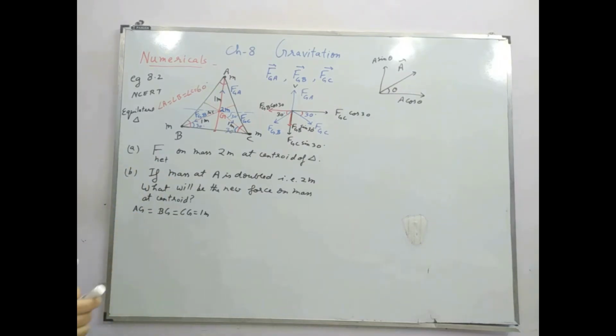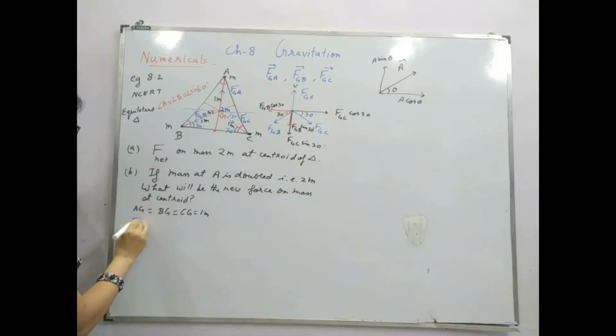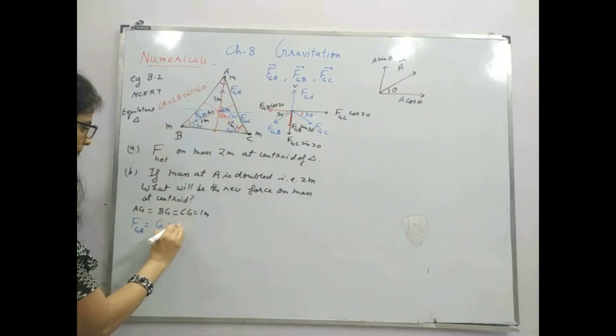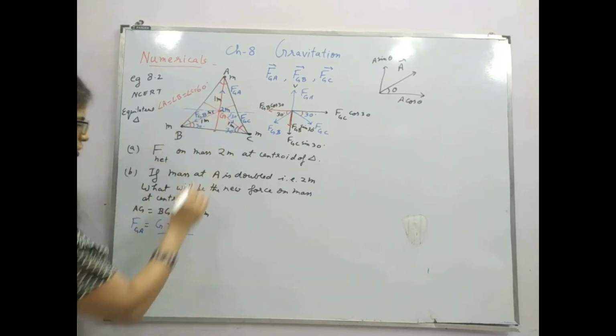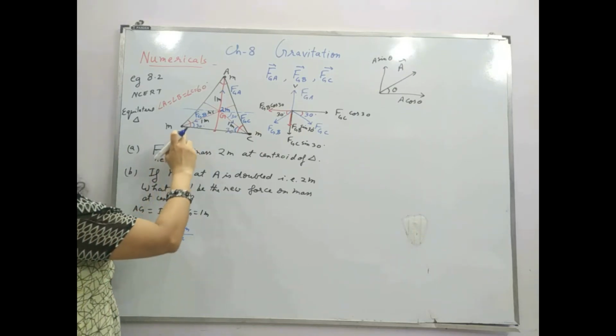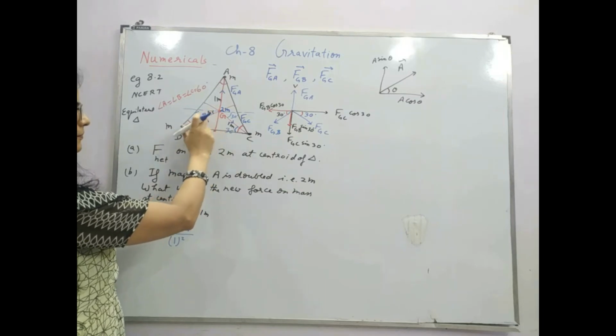So let's find out the net force. For that, I'll have to find the magnitudes of FGA, FGB and FGC. So let's find FGA: G, first mass is M, second mass is 2M, upon separation is given 1 meter. If I find the force between this and this, so this is M, 2M upon 1 square.